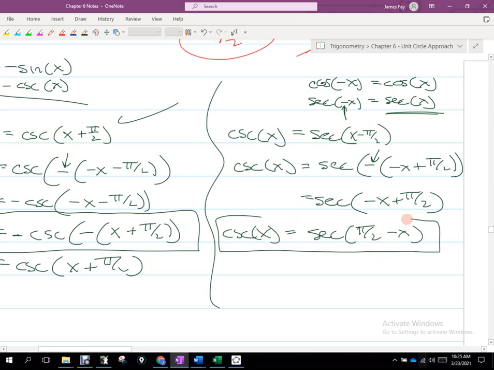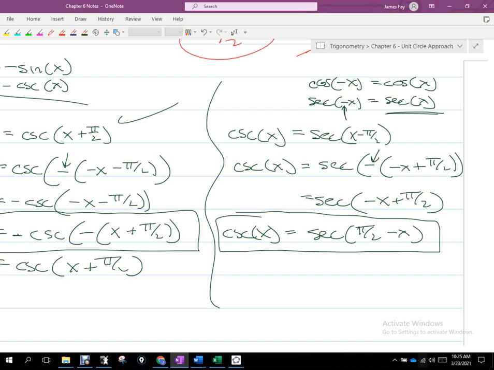And that is a lot of times the way your cofunctions, secant and cosecant, sine and cosine, are going to be described to you. They'll be described as cosecant is equal to the secant of pi over 2 minus x, and then the sine is the same as the cosine of pi over 2 minus x.